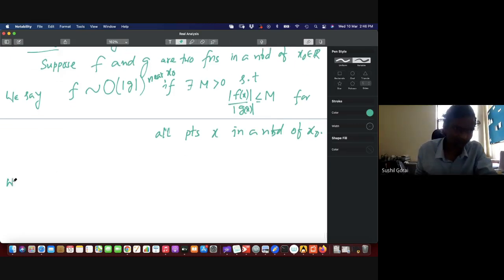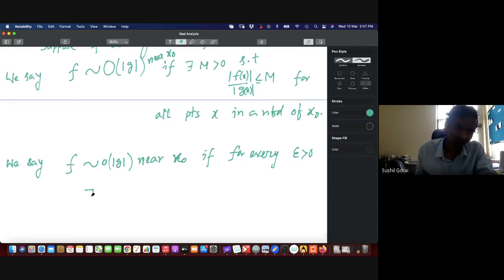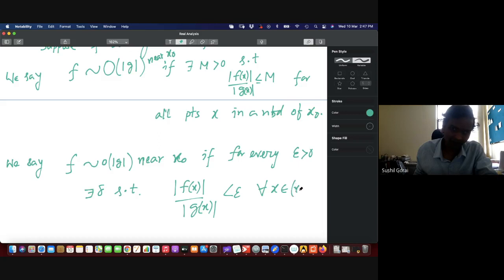We say f is small o of mod g near x naught if for every epsilon greater than 0 there exists delta such that mod of f(x) by mod of g(x) is less than epsilon for all x belonging to x naught minus delta to x naught plus delta.